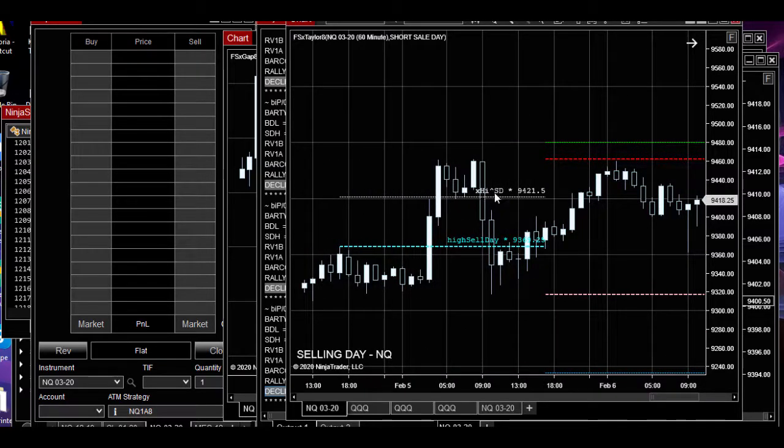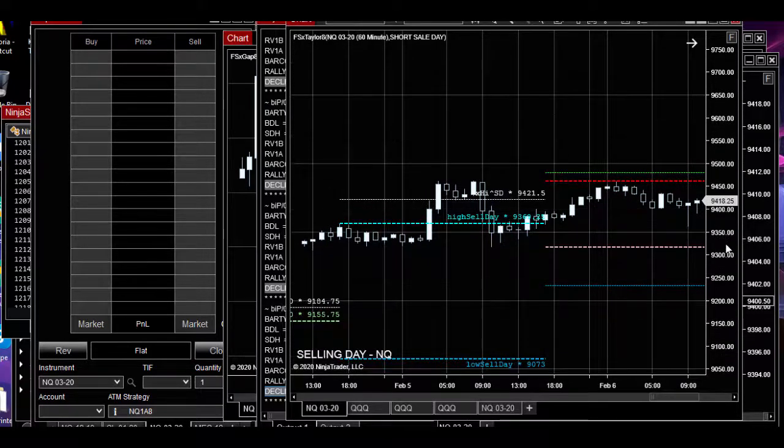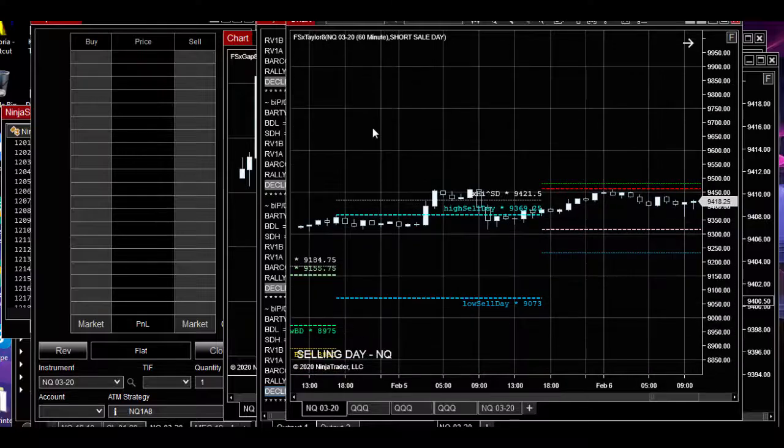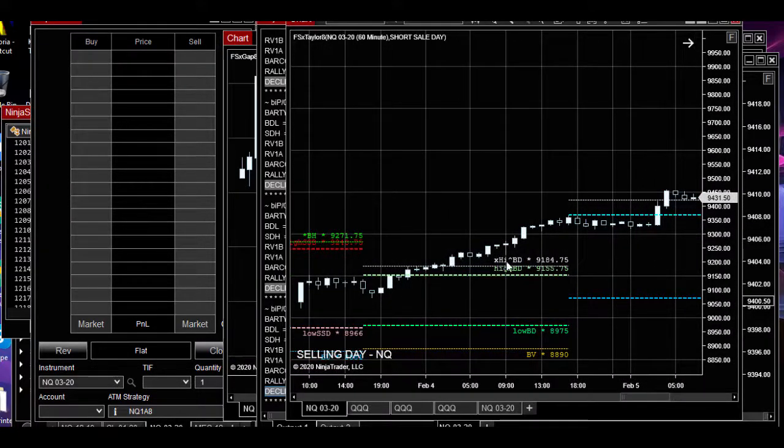The X high over the selling day. That is the average excursion over the high of the sell day on the short sale day. The X high of the BD is the average excursion over the high of the buying day on the selling day.